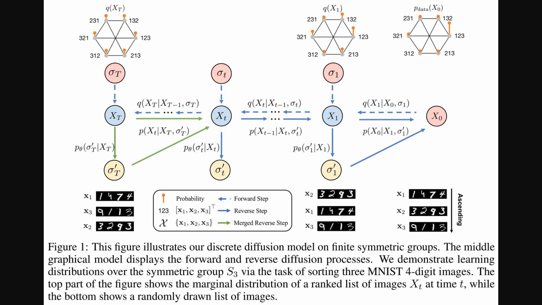This is the forward diffusion process. The little hexagonal diagrams above illustrate the likelihood of different orderings at each stage, starting from fully mixed, then gradually becoming more ordered. Then, crucially, the model learns to reverse this mixing, step by step, to get back to the original sorted order. This reverse diffusion process is where the learning happens.